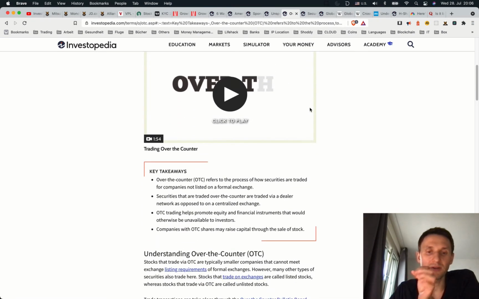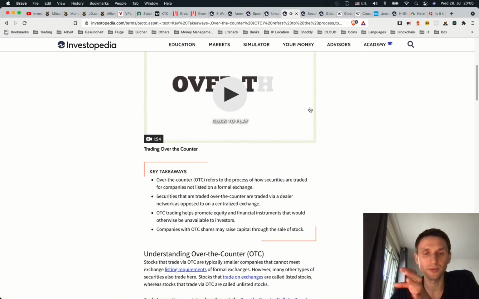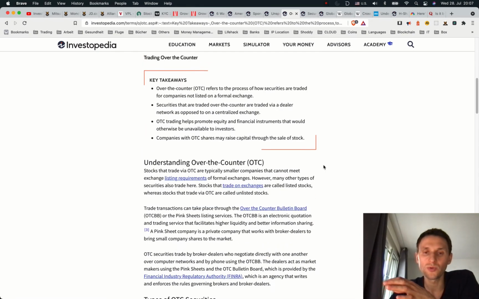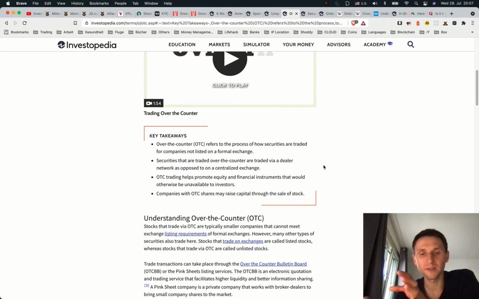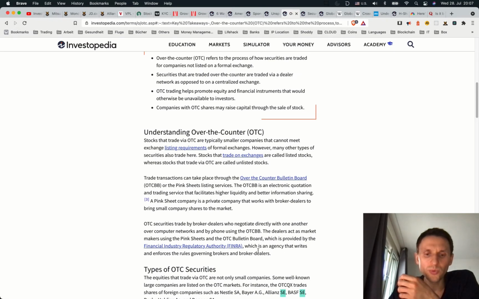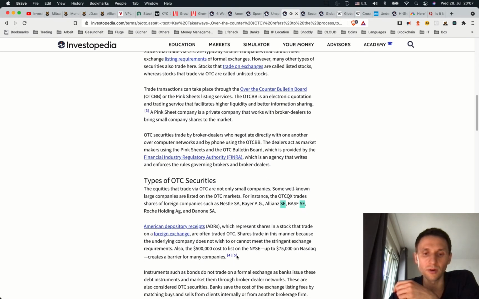It's basically there for foreign stocks, foreign companies which want to be present somewhere else. So for example, we take a company from Europe. This company wants to be present in the United States, but this company is pretty small, and this company doesn't want to pay huge fees to be listed on national stock exchanges like Nasdaq or NYSE.